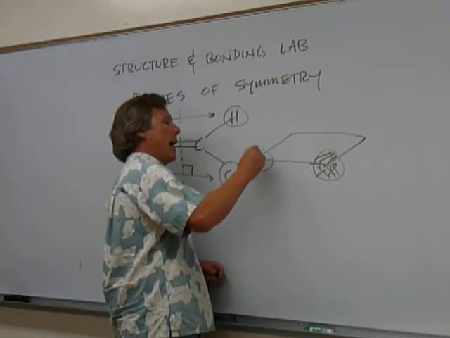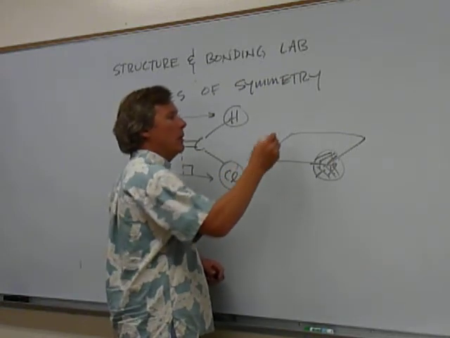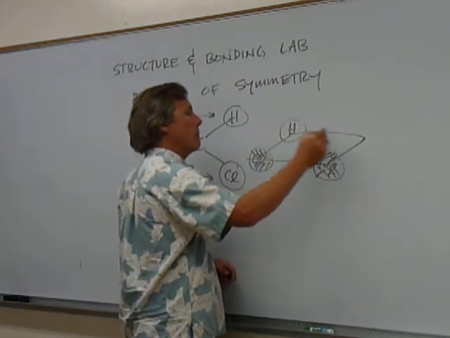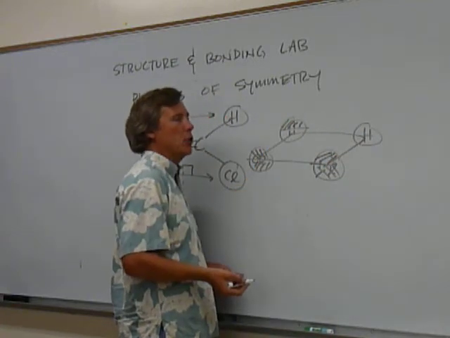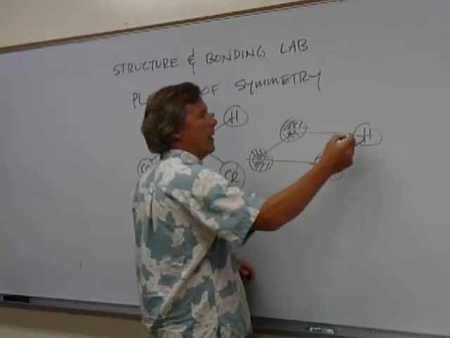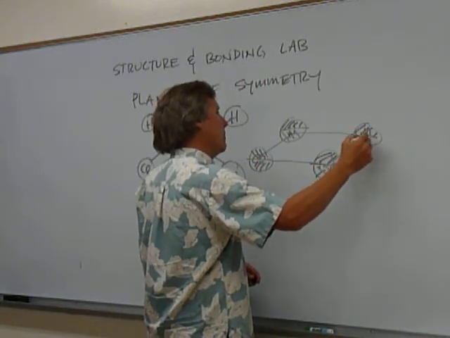This half of the atom is the same as this half. Likewise, with our hydrogen atoms, when I split them in half, the top half of the hydrogen atom is the same as the bottom half, and over here the top half is the same as the bottom half.